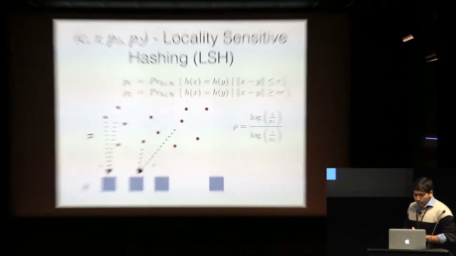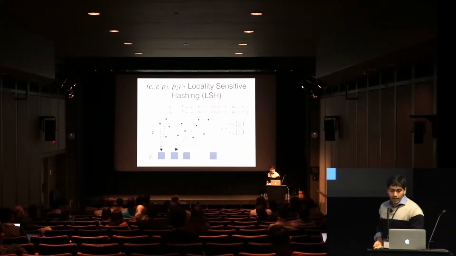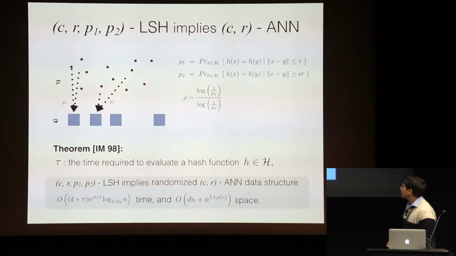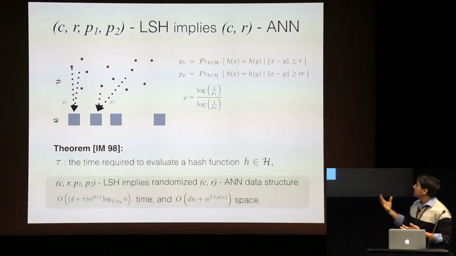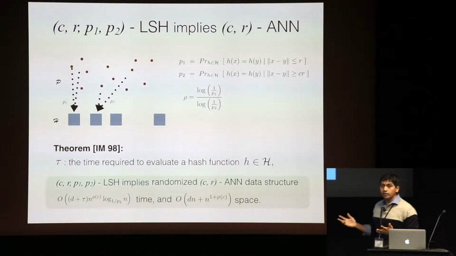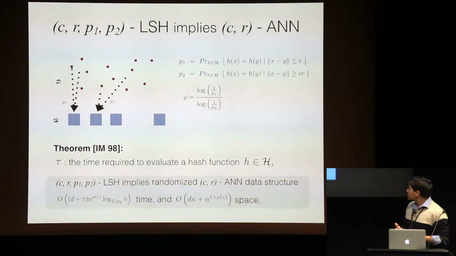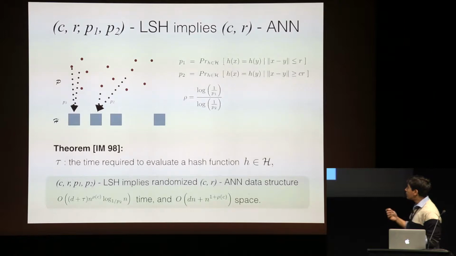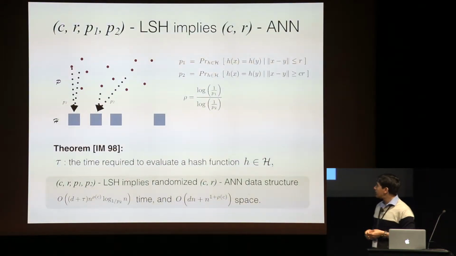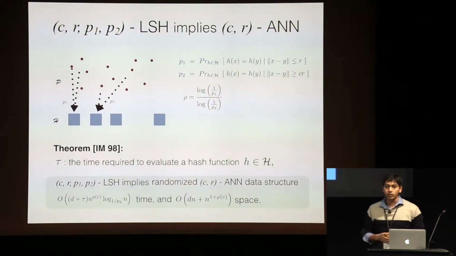Given this family of hash functions, Indyk and Motwani in their seminal paper showed that if you're given an LSH function family with the parameters c, r, P1, and P2, then you can construct a randomized c-approximate nearest neighbor search data structure which answers queries in time and space proportional to n to the rho.